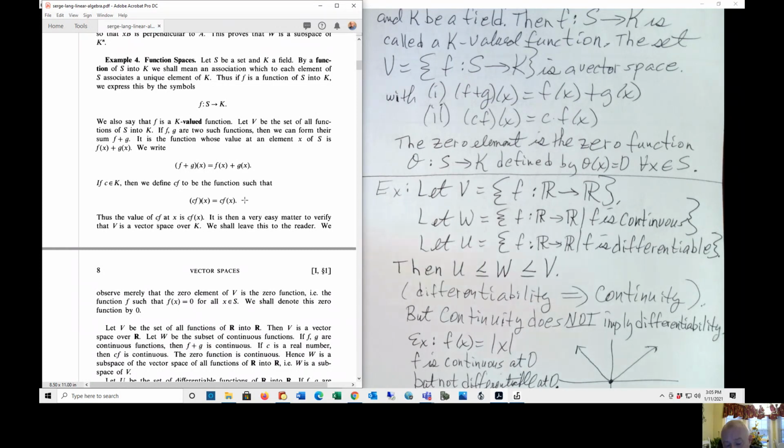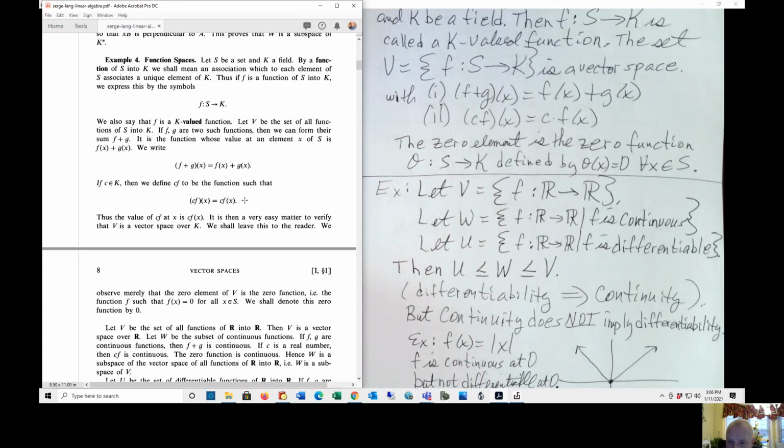So, coordinate-wise. f plus g evaluated at an element x in S is what? f of x plus g of x. And number 2, cf of x is the scalar c multiplied by f evaluated at x. And so that's the symbolism for the definitions of addition and scalar multiplication for functions.